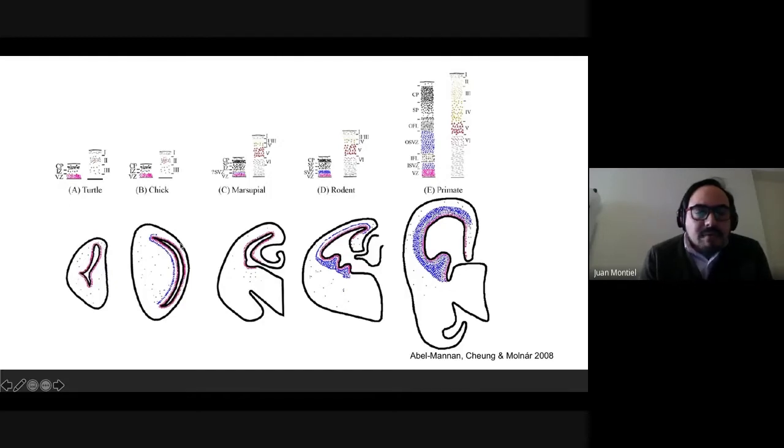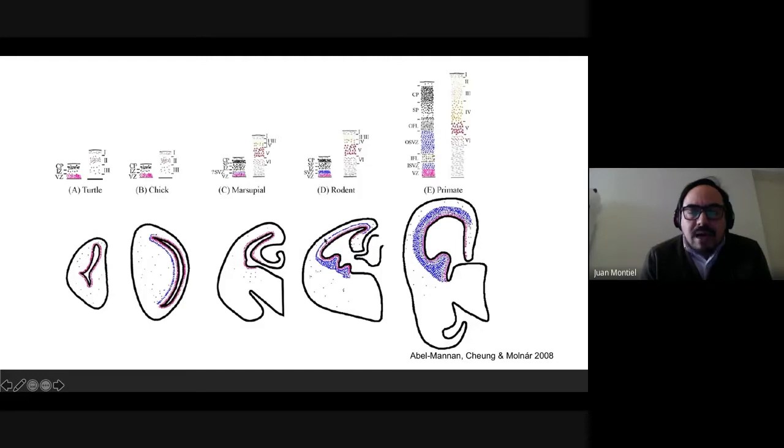In sheep and marsupials there is still a debate, but in rodents and primates, we can see that other progenitors, in this case in blue, are amplified.